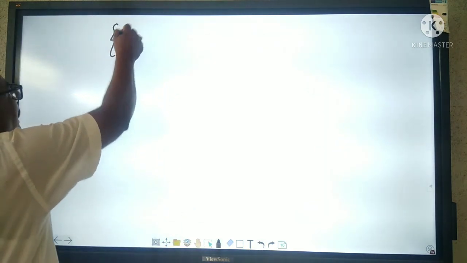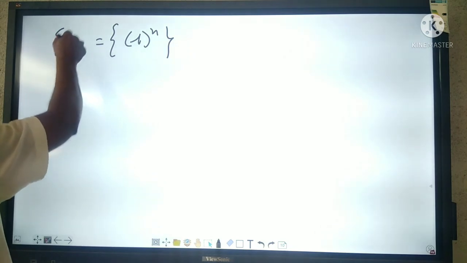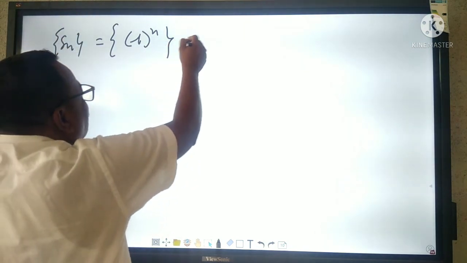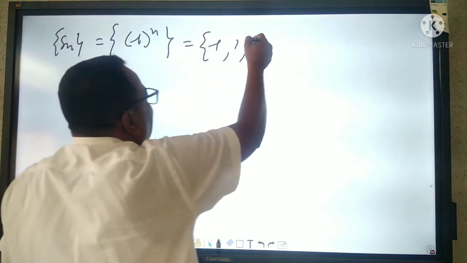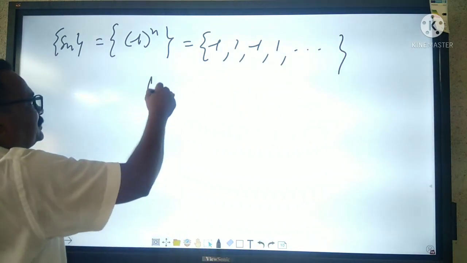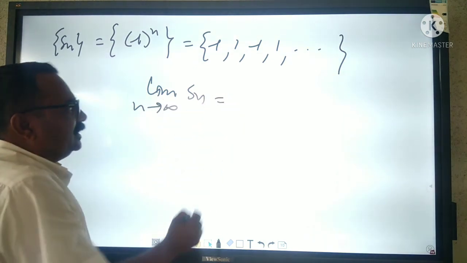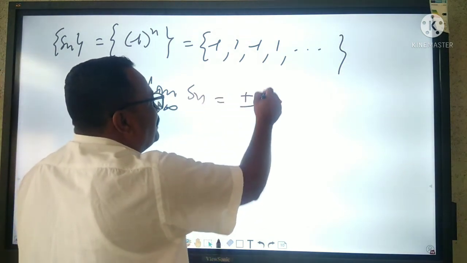And we know the oscillatory sequence is minus 1 raised to n. If the sequence Sn is minus 1 raised to n, the terms, I will repeat, are minus 1, plus 1, and so on in this way. What is the limit of Sn as n tends to infinity? It is plus or minus 1.